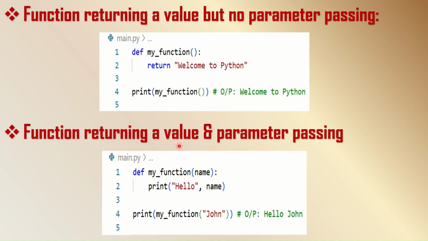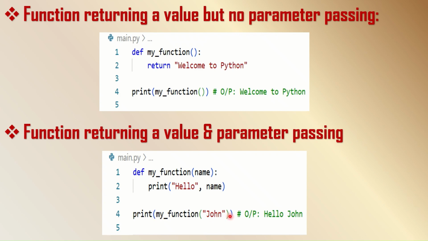Similarly, the last category is a function returning a value and parameter passing. Here we have both scenarios, where we are returning a value along with parameter passing. Here we have the function named my_function with a parameter name inside the parenthesis, and within the function I am printing some message saying hello, comma, name. This name will be replaced by the argument that comes whenever the function is called.